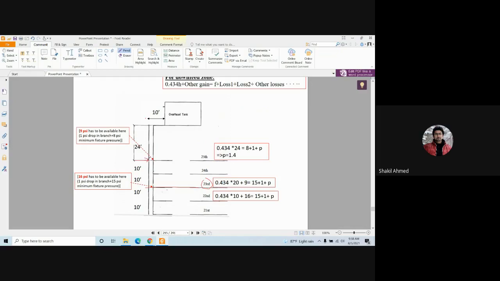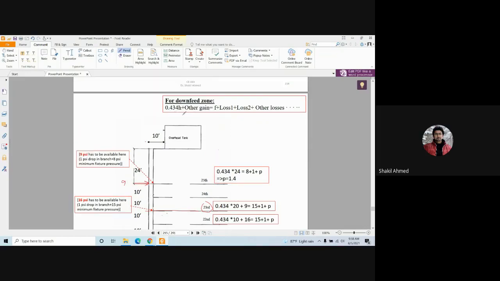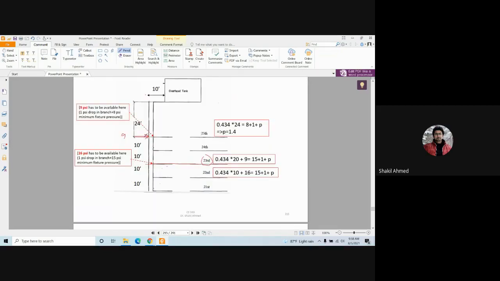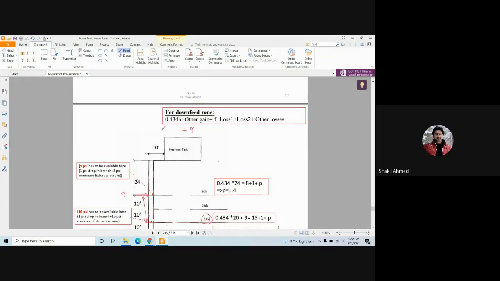This method is easier because you have already estimated the frictional loss and other things. So let's go with this approach. Here you have available 9 psi, 8 plus 1. So you have other gain 9. Plus for this height difference, 20 feet, you'll get 0.434 into 20. Am I right?